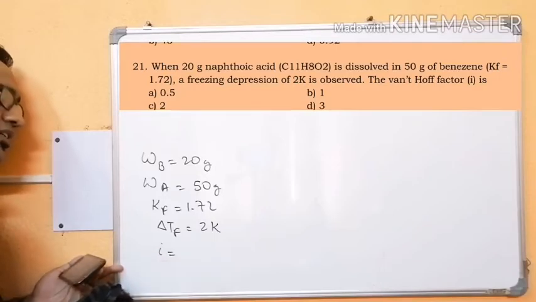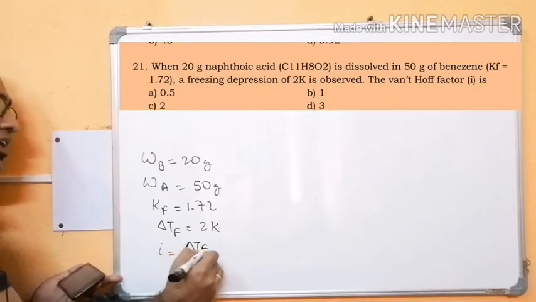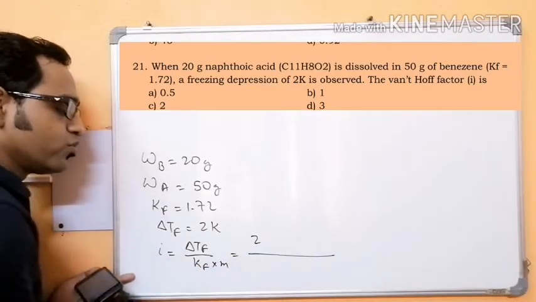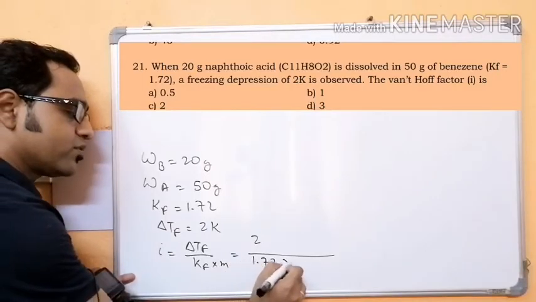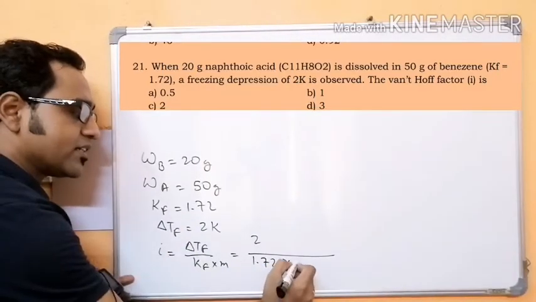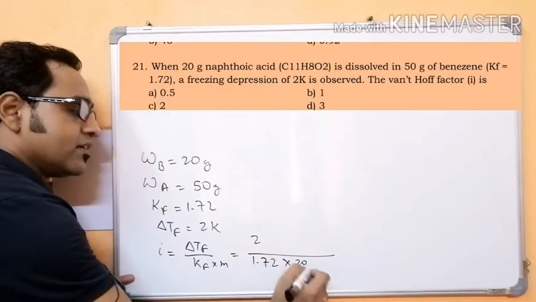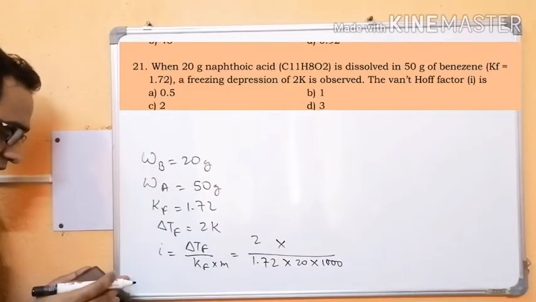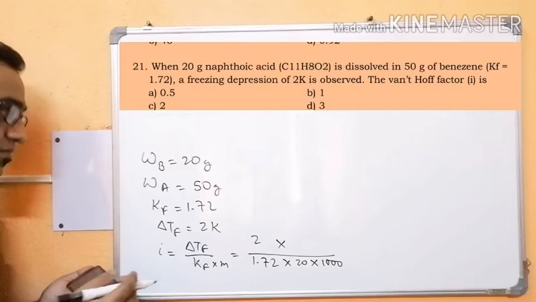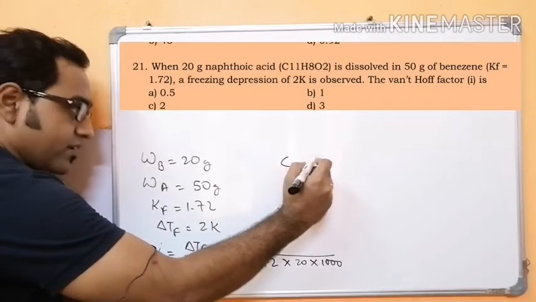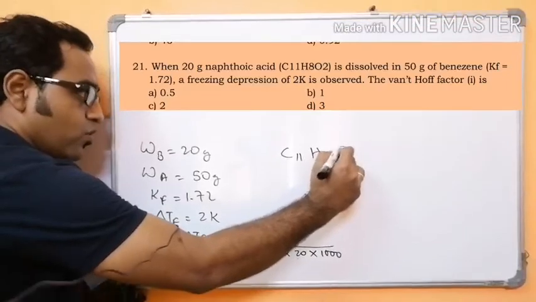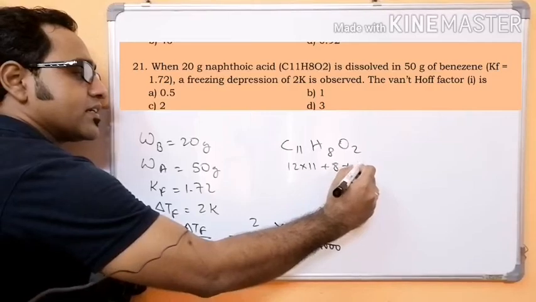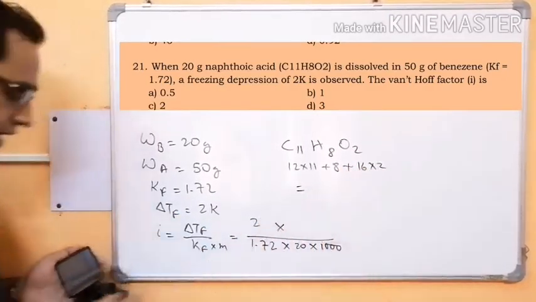So i we know is equal to delta TF divided by Kf into m. So delta TF is equal to 2 Kelvin, Kf is equal to 1.72, into m, the molality, that is weight of solute 20 into 1000, then the molecular weight of the solute naphthoic acid, which you have to calculate. C11H8O2: C11 means 12 into 11 plus 8 plus 16 into 2.